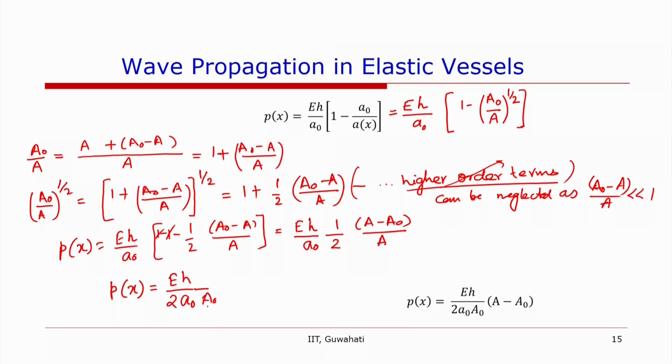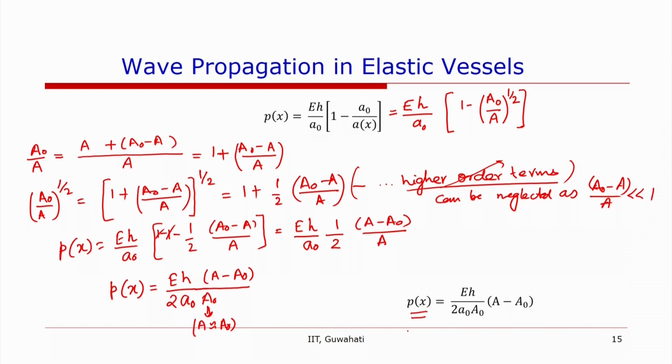We will just write here that A is almost equal to A naught. So, that is why this has come up. EH by 2 A naught, capital A naught, A minus A naught. Okay. So, Px is equal to EH over 2 A naught, capital A naught, A minus A naught.